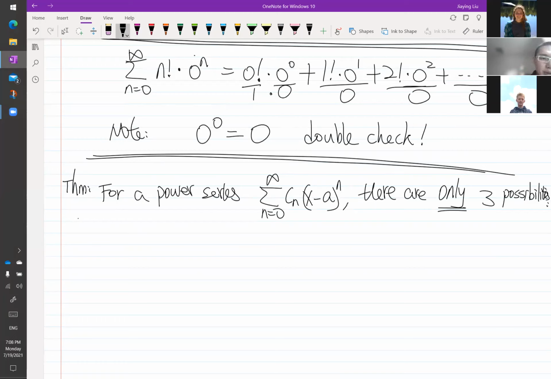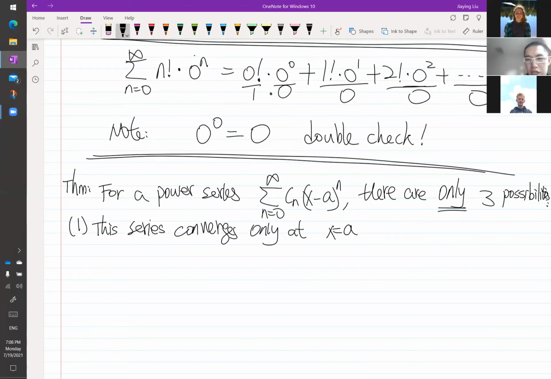The first one is that this series converges only at x equals a. The second possibility is that this series converges.